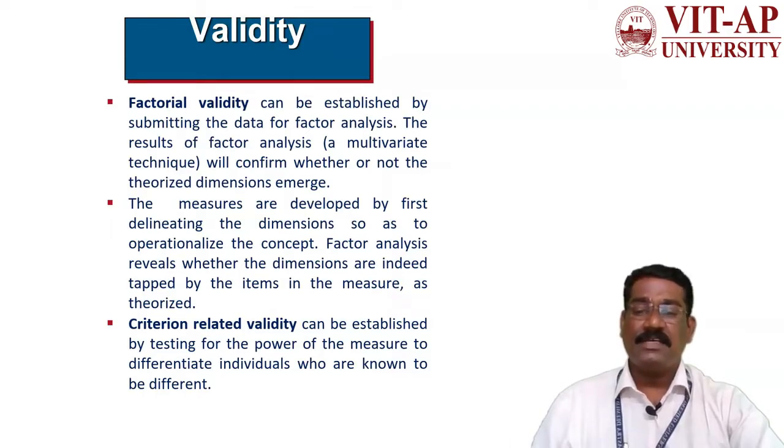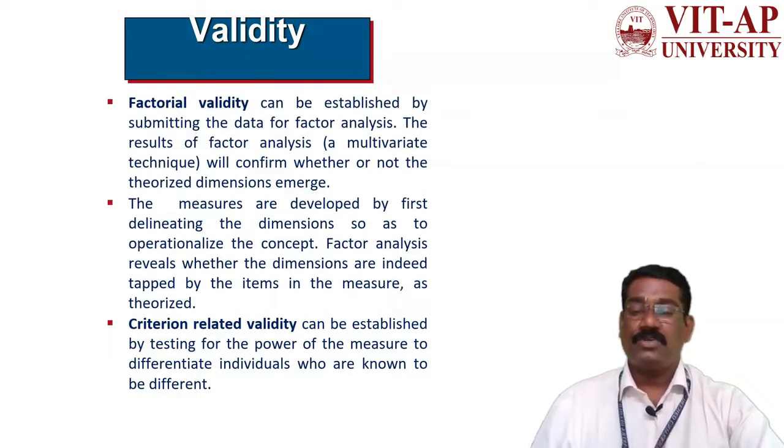It means whether the items we are trying to put in the instrument are able to differentiate from one concept to the other, I mean, one perception of an individual from another perception of an individual. So that can be highlighted here.